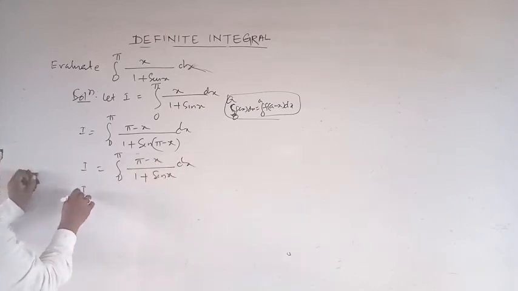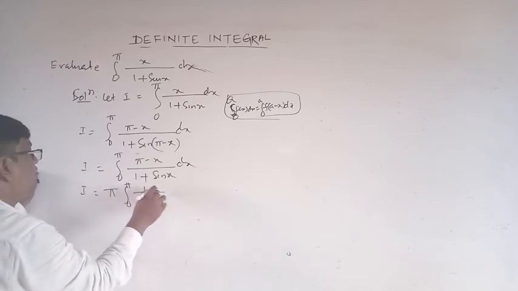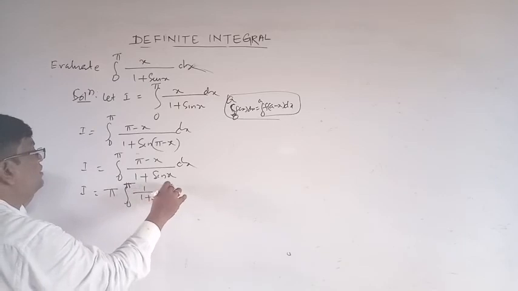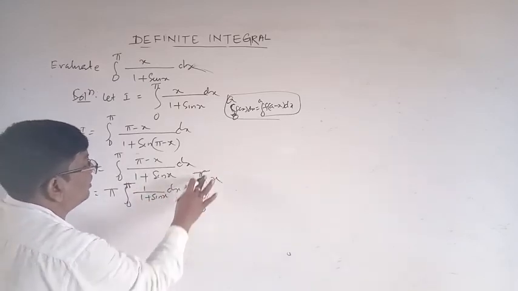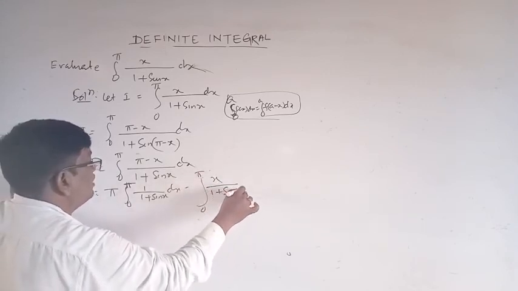Now separate. I is equal to pi common, integral 0 to pi of 1 by 1 plus sin x dx minus integral 0 to pi of x by 1 plus sin x dx.